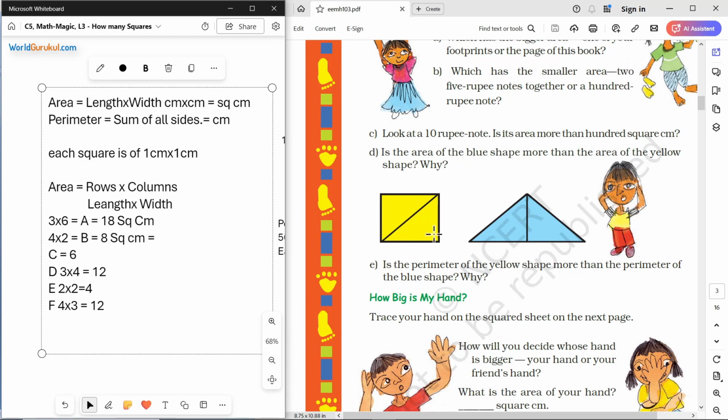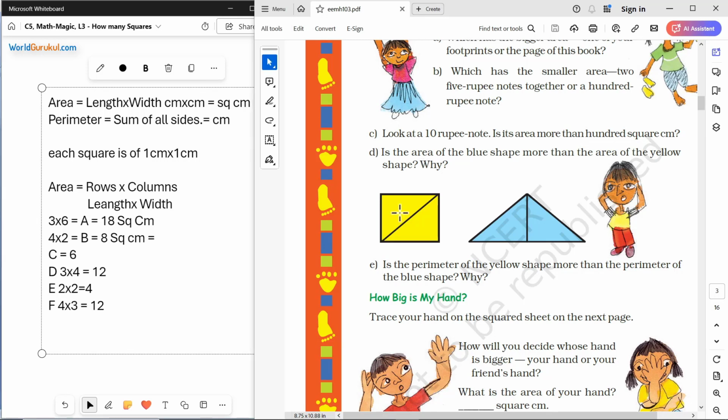This is another tricky question. We have a square and we have a rectangle, and the question is, is the area of the blue shape more than the area of the yellow shape? You see, the left side is a square and is cut by this diagonal into two triangles. These two triangles are equal.